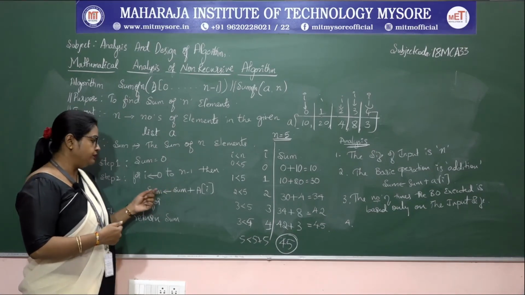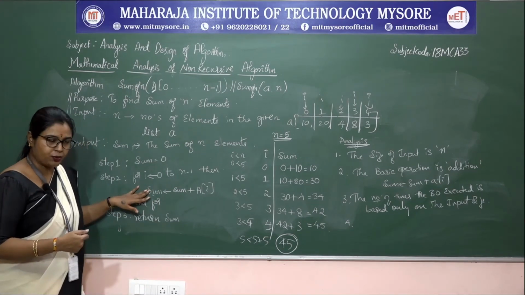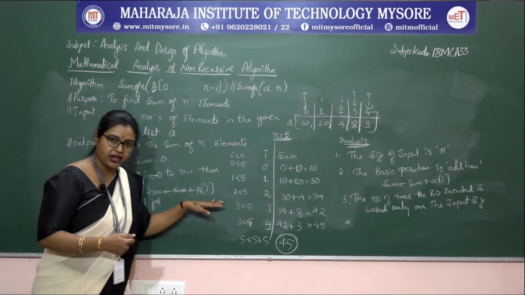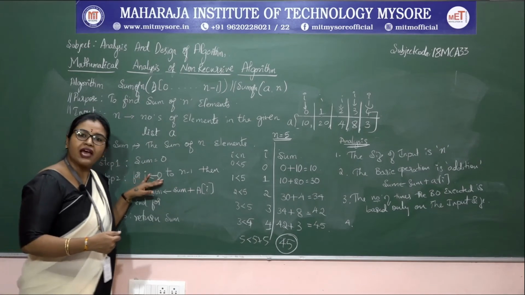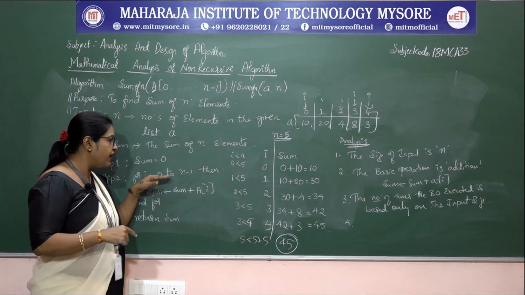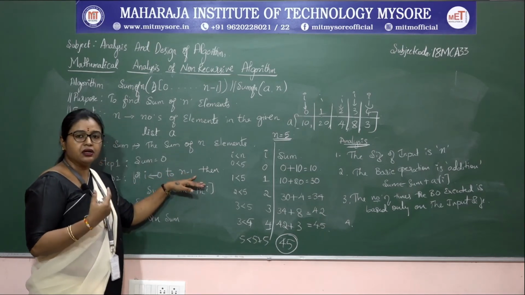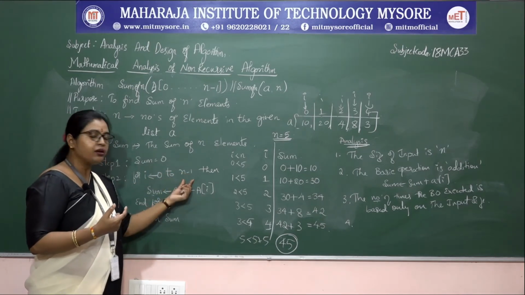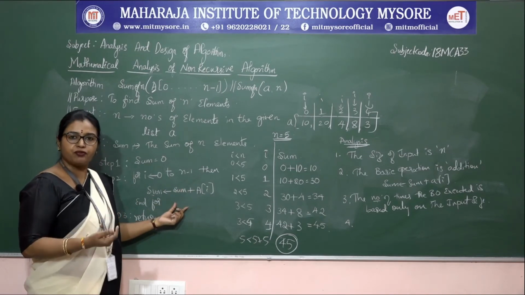Here we have a basic operation, sum is equal to sum plus A of I. On top of this we have a looping statement. In the looping statement, from where to where is it done? From 0 to n minus 1 this operation has been performed.